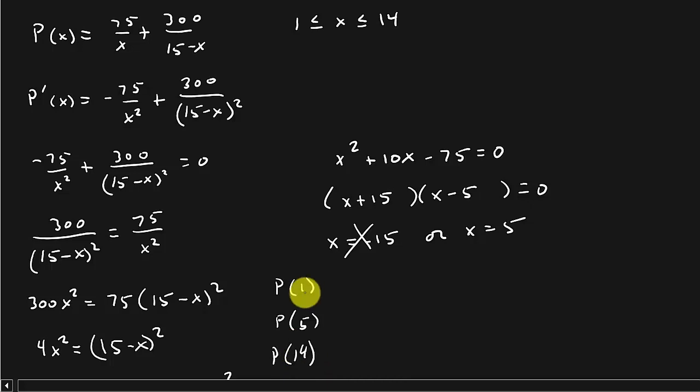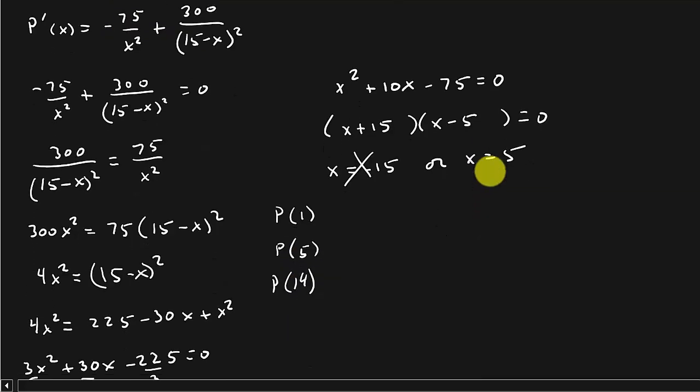Okay, so we've got to take the 1, the 5, and the 14 and plug it all back into our P function. So we're plugging each one of those in for x, and that's going to give us 96.43 parts per million.